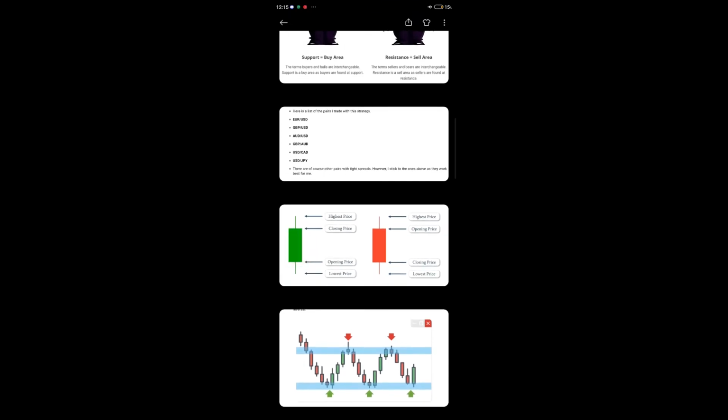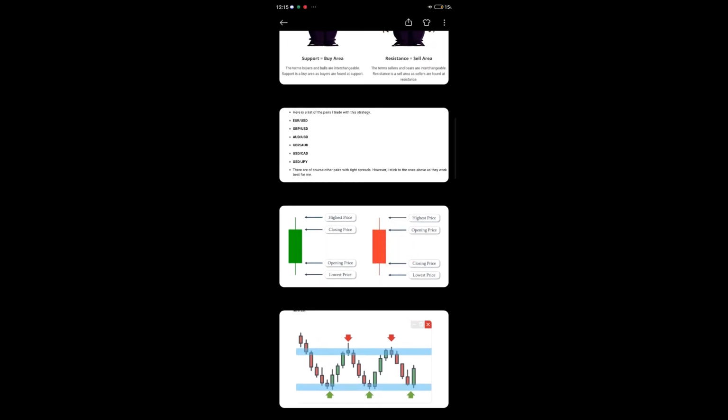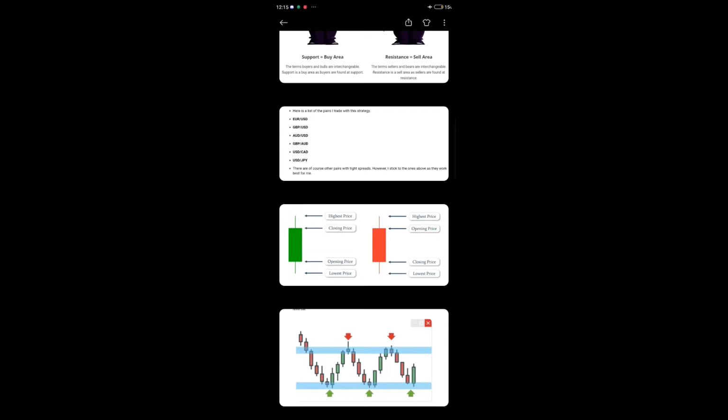They work in such a way that, with the bullish candlestick, the wick at the top where it ends is the highest price that the candlestick reaches, and where it closed at the body is the closing price. This is the opening area where the price opened, and this is the lowest price that it reached, and vice versa for the bearish candlestick.